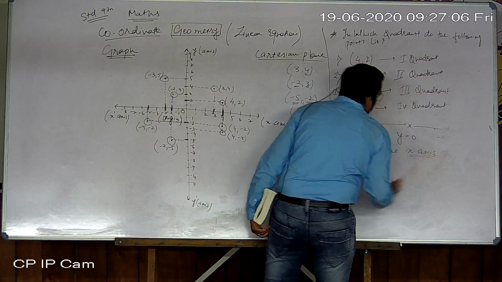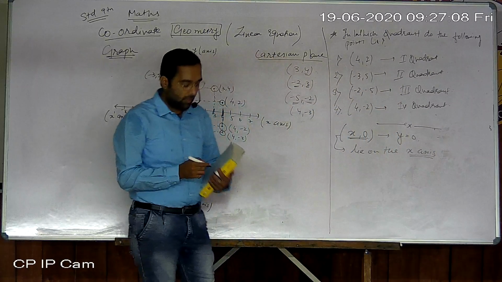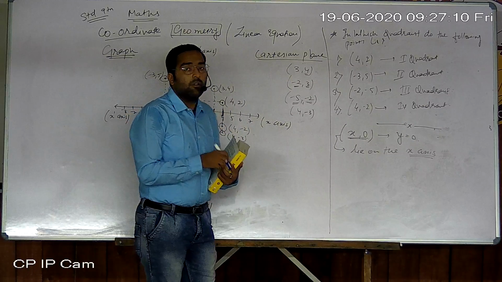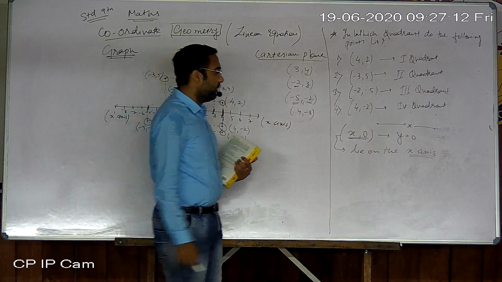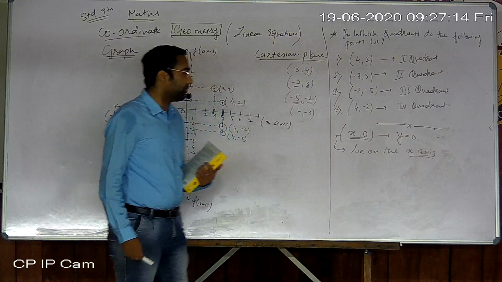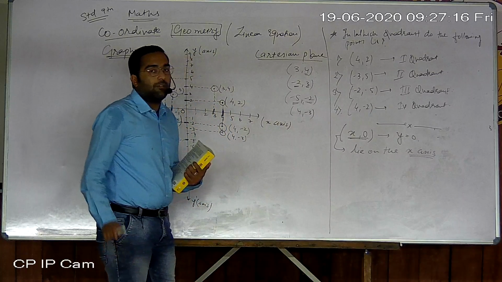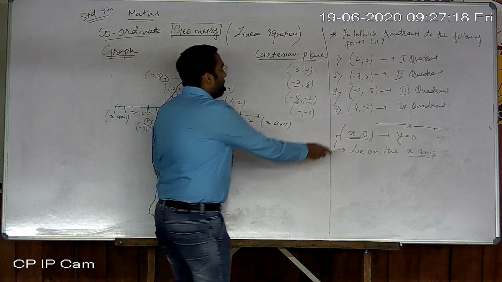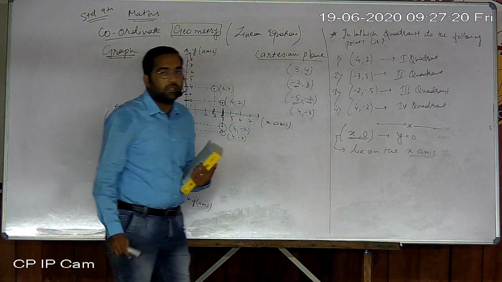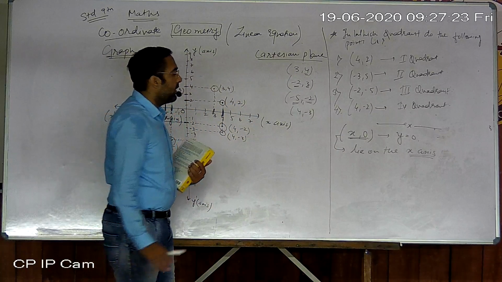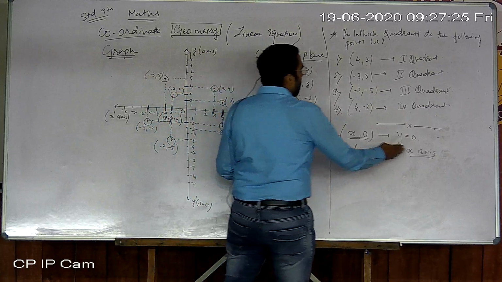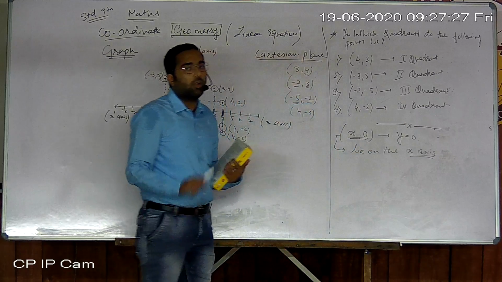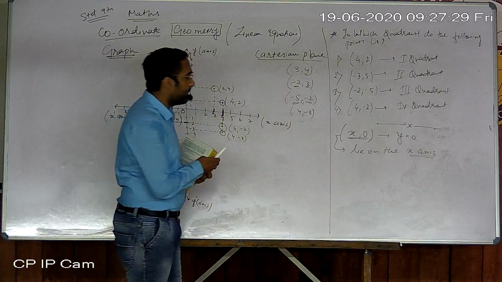Then they do not lie in any quadrant, they lie on the x-axis when y equals 0. Whenever we take y equal to 0 and the value of x is any positive or negative, then they always lie on the x-axis, not in any quadrant.